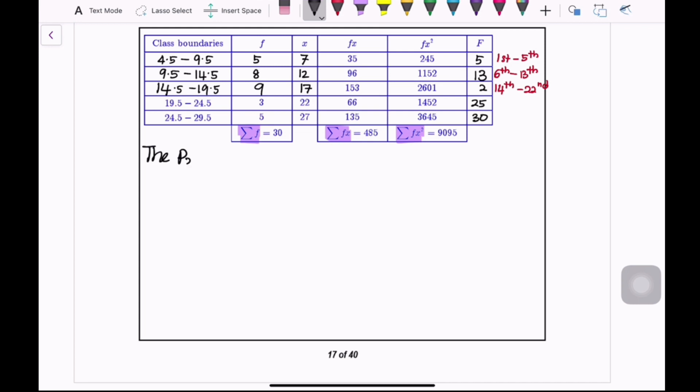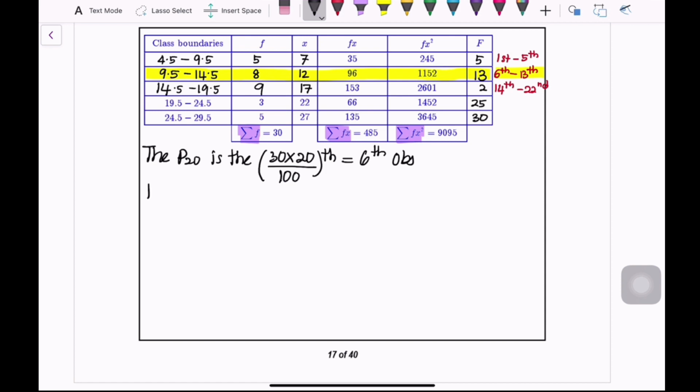The P20 is 30 times 20 over 100 observation, which is equal to the 6th observation. The 6th observation is located here, so we highlight the class of P20.